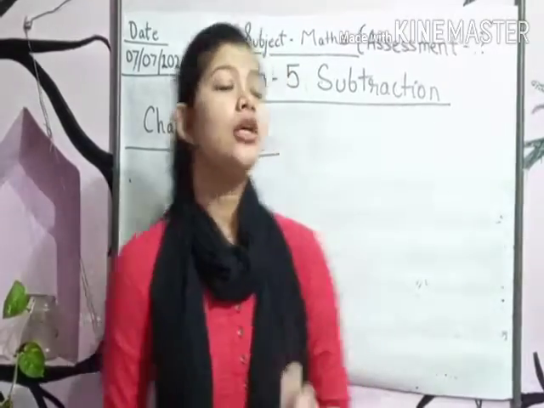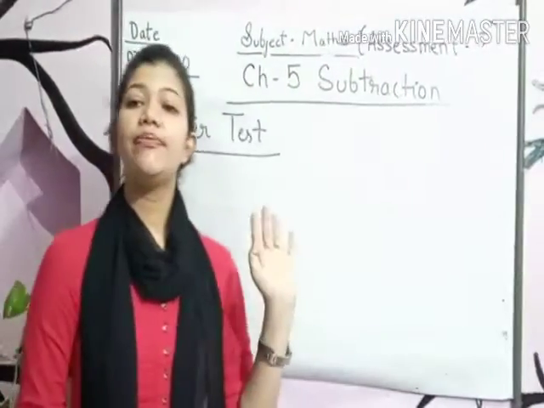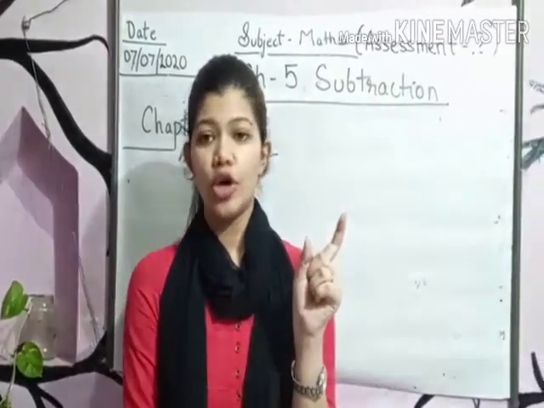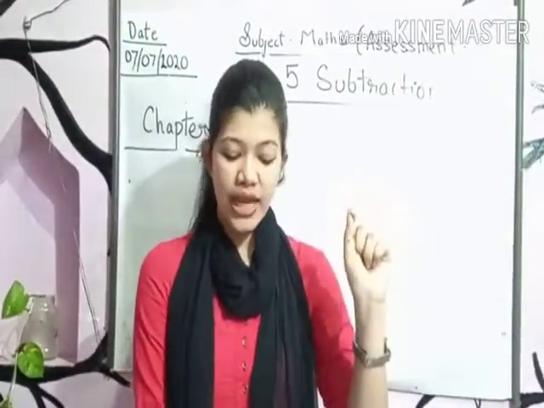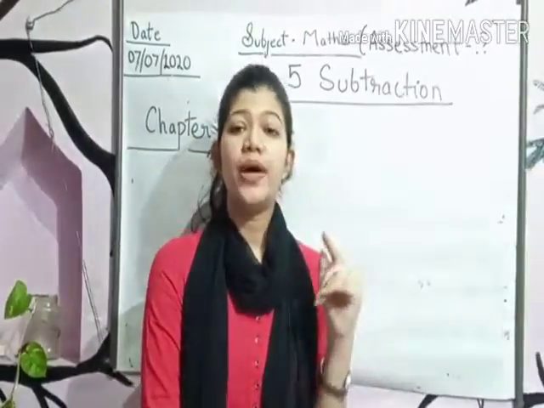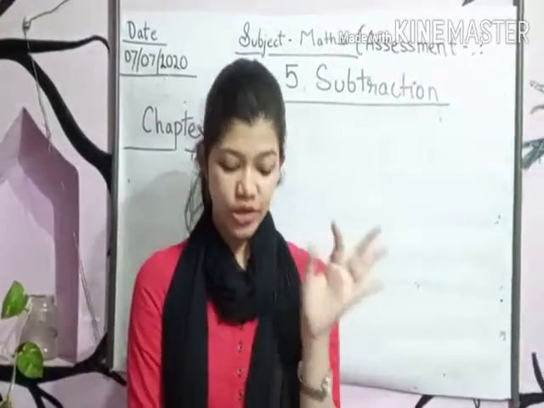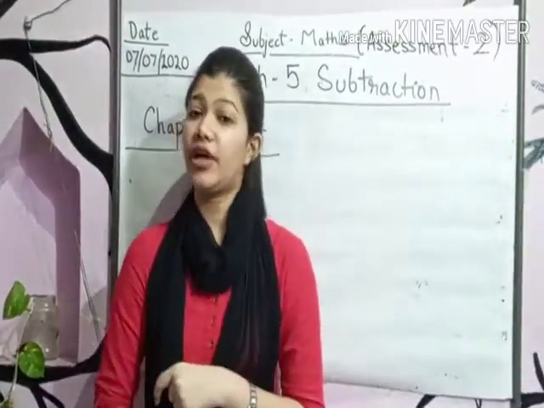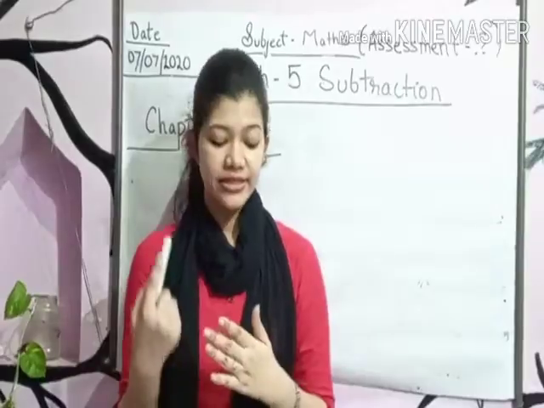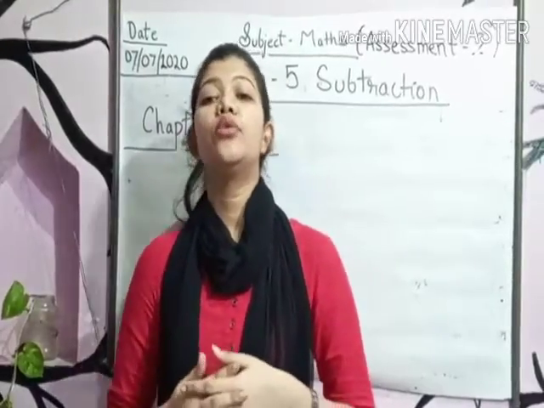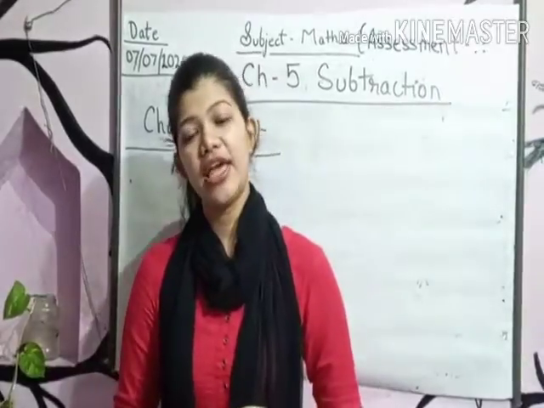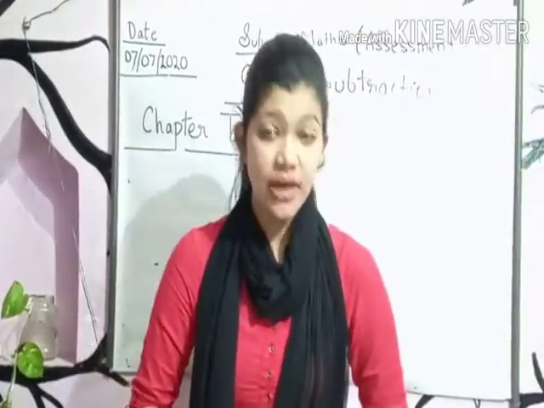So first statement you will write as: number of balloons Tina bought is equal to 493. Next statement: the number of balloons burst is equal to 125. Then you will find the difference and write the answer as the number of balloons that Tina used for the decoration. Okay, clear? Let's come to question number 2.